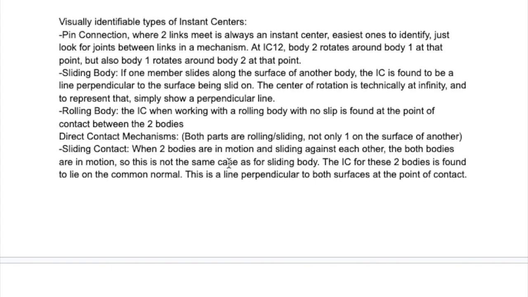Where the normal line intersects this new line that we drew between the two other instance centers, that's where your actual instance center between those two sliding members is. It's a little more complex, but not nearly as hard as it may sound. We're going to look at one in a bit.